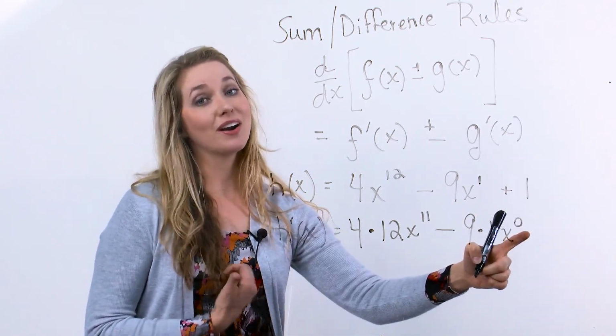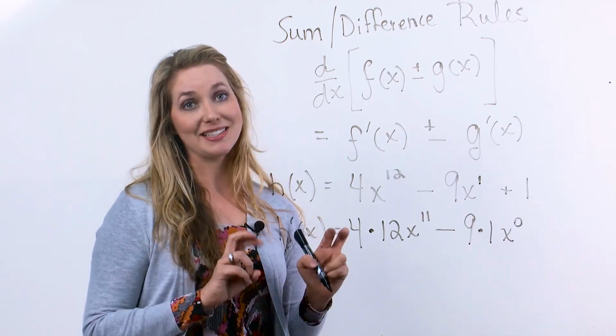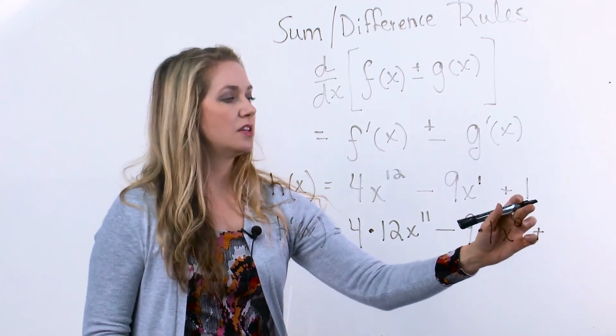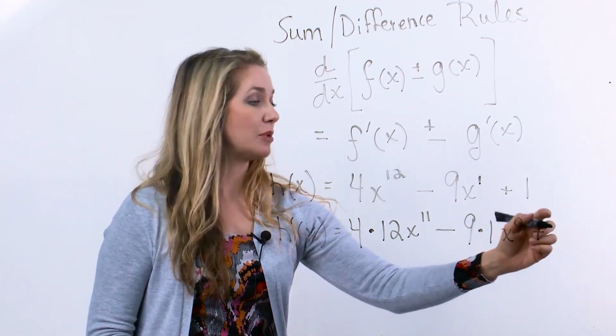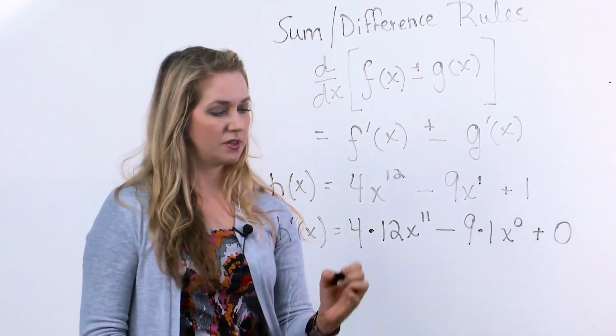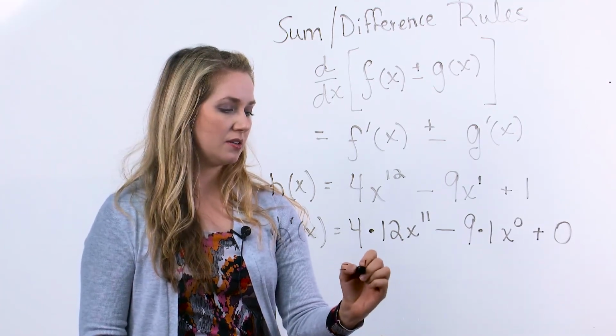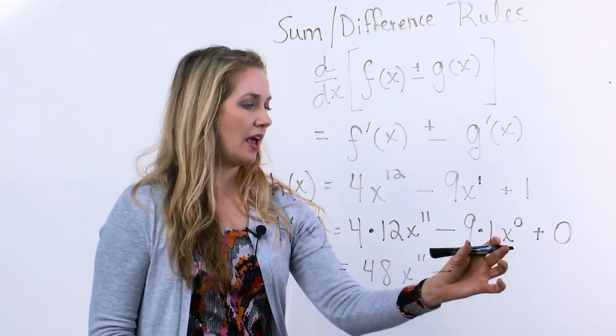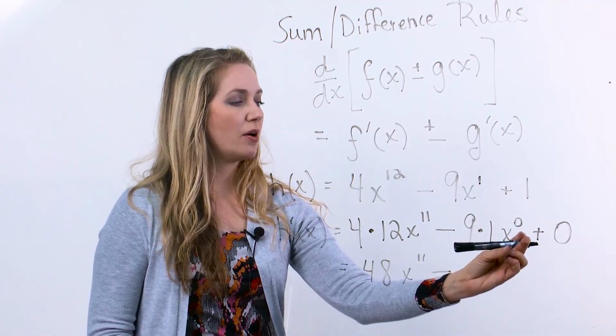X to the 0 power is 1, so it's going to look like the x disappears. And the derivative of a constant number is 0. So I can simplify this a bit by multiplying the 4 and the 12, and seeing here that x to the 0 power is 1.